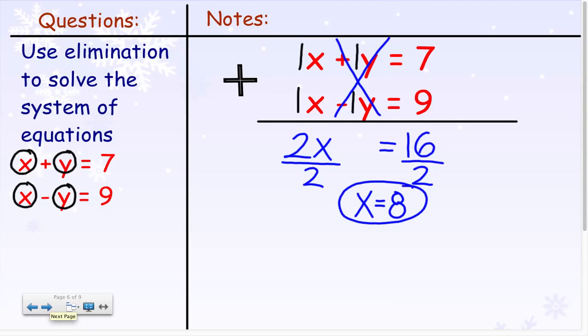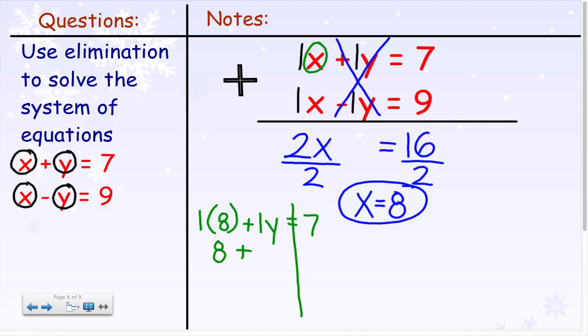Don't stop there. Now I'm going to take this x and plug it in here. If you want to put the ones there again, if it helps you, you can. 1 times 8 plus 1y equals 7. 8 times 1 is 8 plus y or 1y. Subtract 8 on both sides.